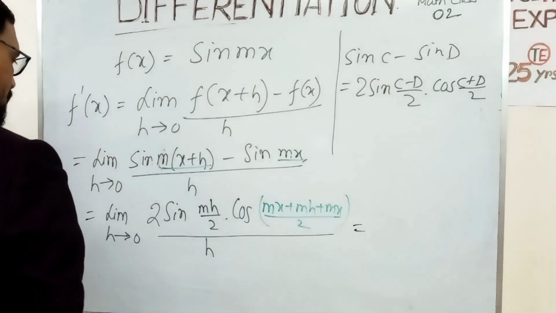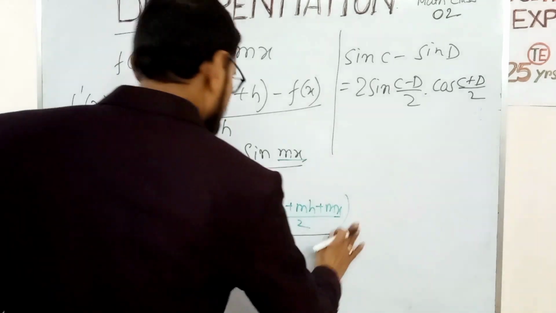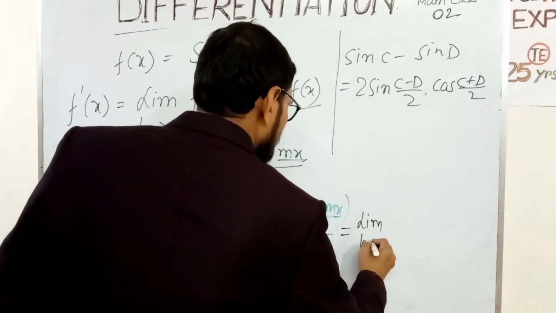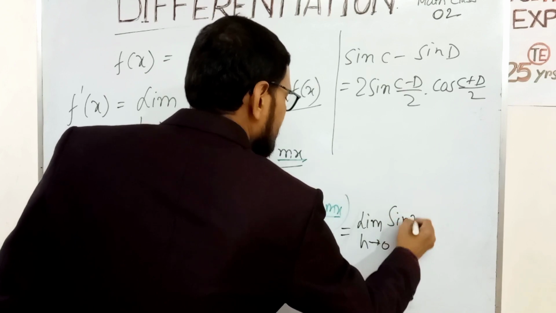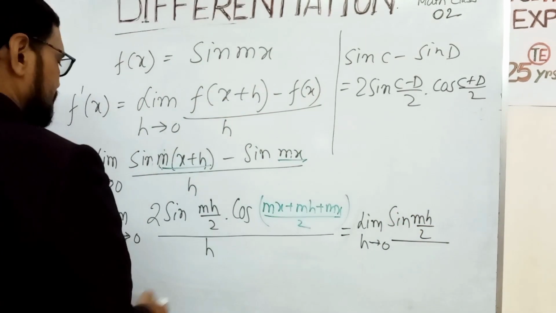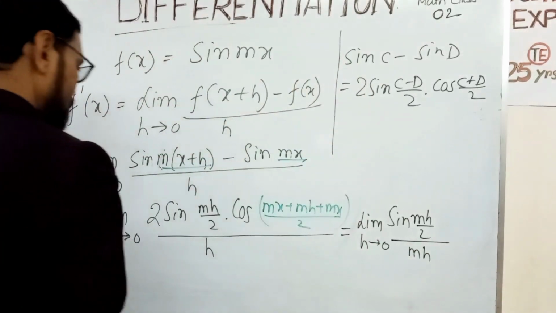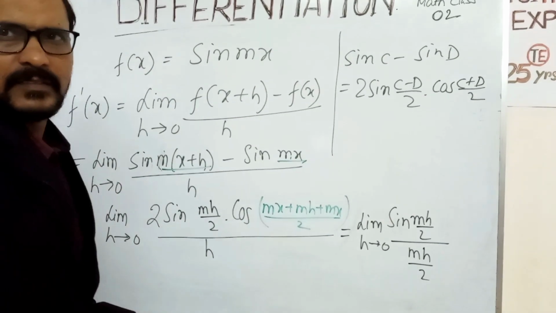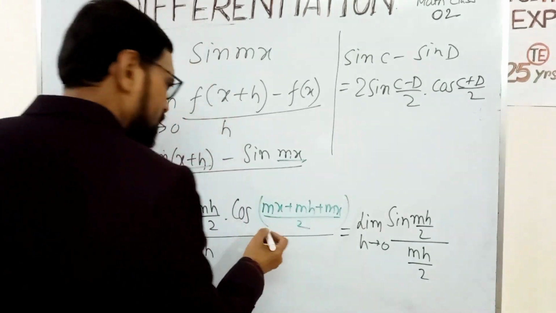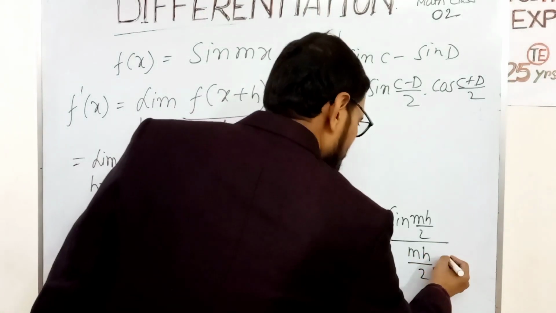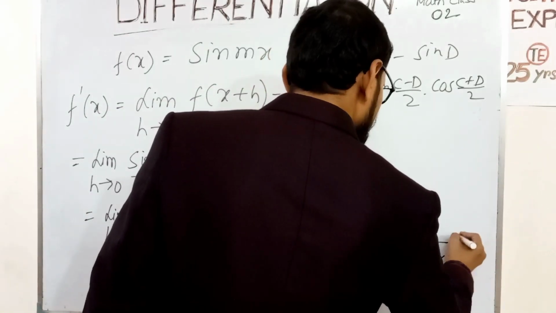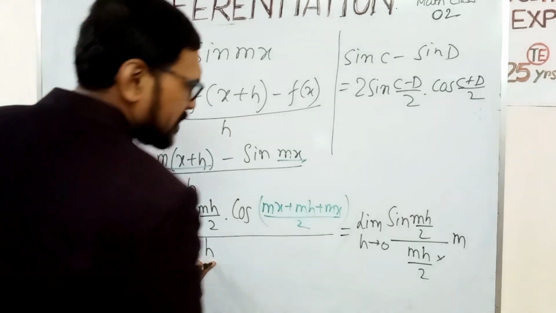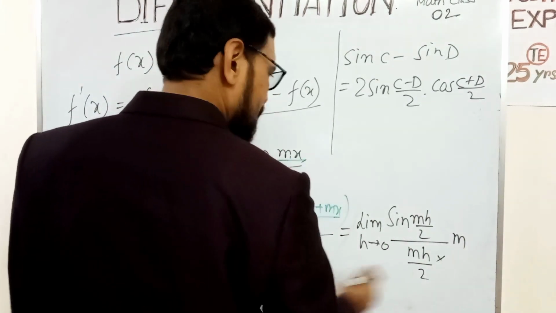Now if we adjust this, limit h tends to 0 of sin mh by 2 divided by mh, we adjust by m here, 2 is shifted to this place, and we adjust only by m here.